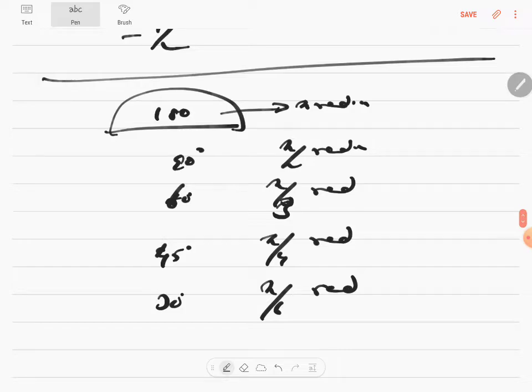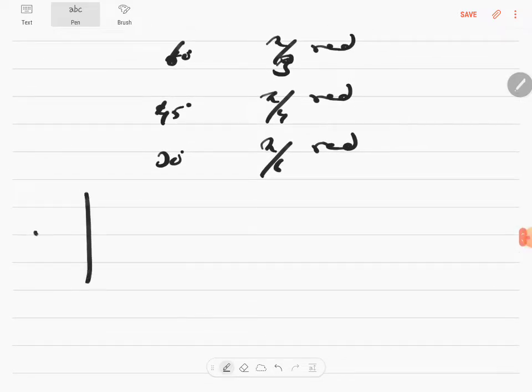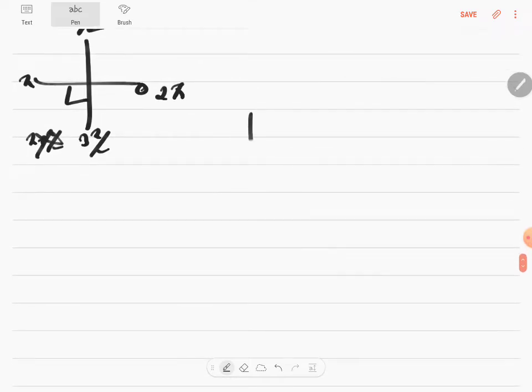And suppose they ask you what is 270, they know this is 0 radian, this is 90, which is pi by 2 radian, this is pi, and to find 270, it is pi plus pi by 2, which is 3 pi by 2 radian. This is 2 pi radian.